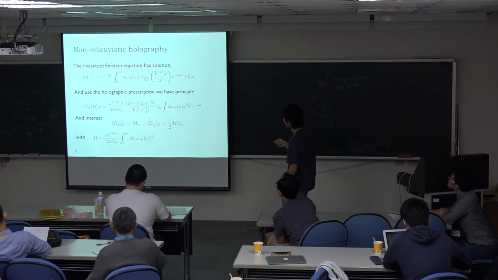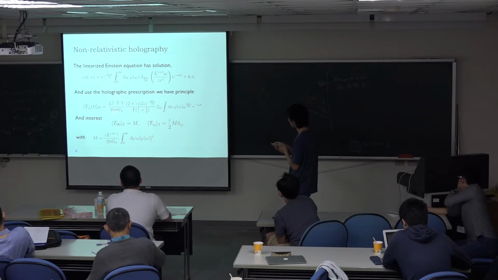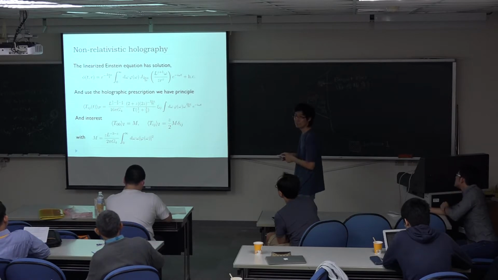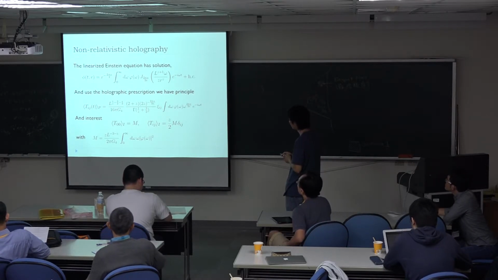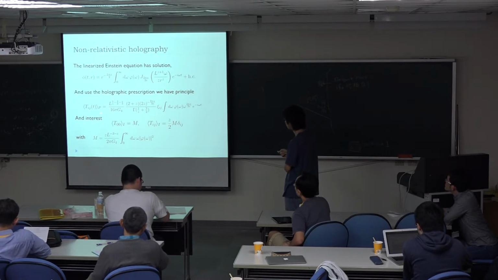Even though there's some subtlety here, because in the Lifshitz background there's a vector field, so you cannot just use the induced metric to calculate the energy-momentum tensor. Anyway, people already found a way to get the conserved energy-momentum tensor from this Lifshitz background. So we follow those prescriptions.